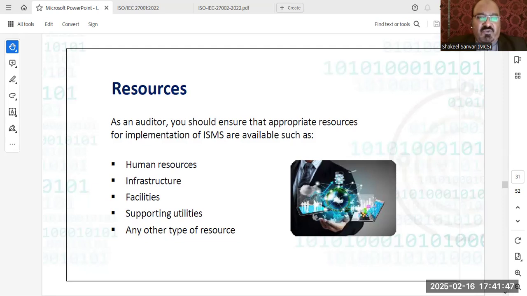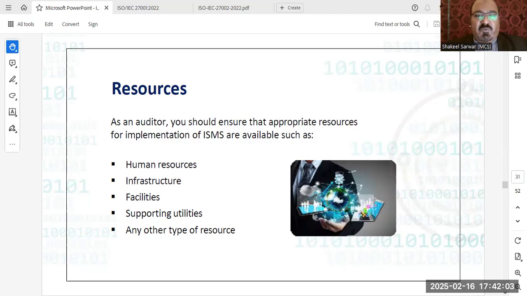As an auditor, you should ensure that the resources needed for the ISMS are determined and provided. All resources must be provided to ensure that they support the information security procedures, policies, and controls.